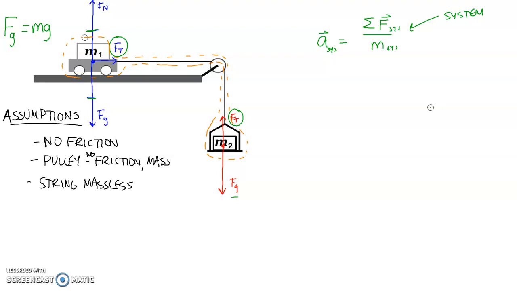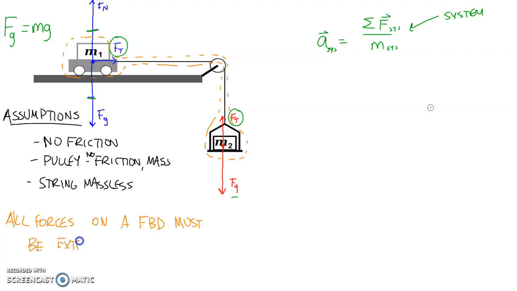Now, if you remember from earlier when we talked about force diagrams, you cannot include internal forces on your force diagram. All forces on a free body diagram must be external.